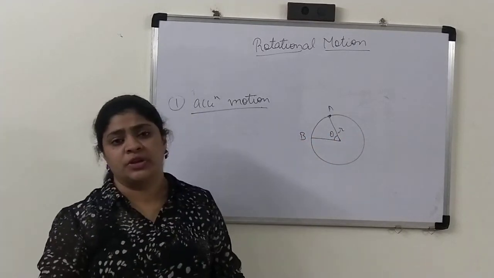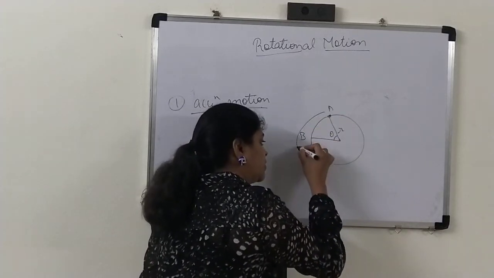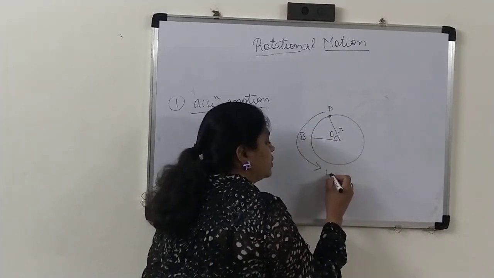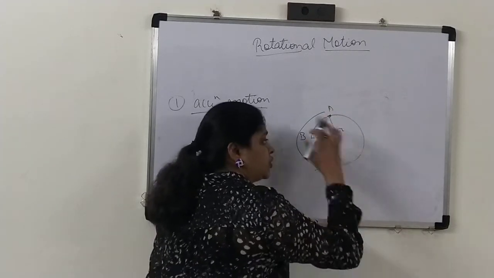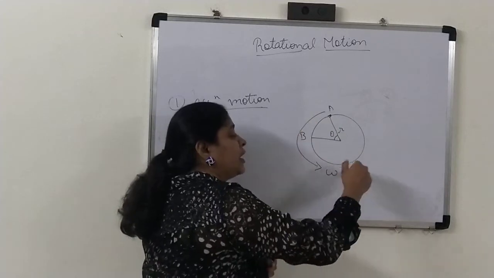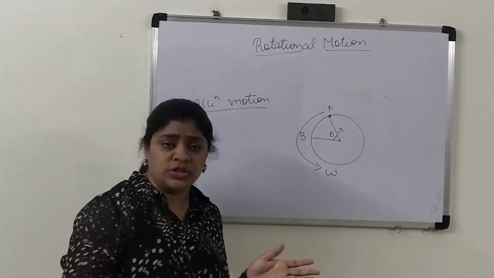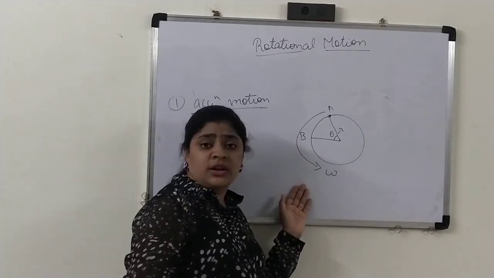Angular displacement, theta. It is moving in this direction, so this is your angular velocity omega. But now you will say that it is moving in the same direction with the same speed, same velocity. So how can it be an accelerated motion?